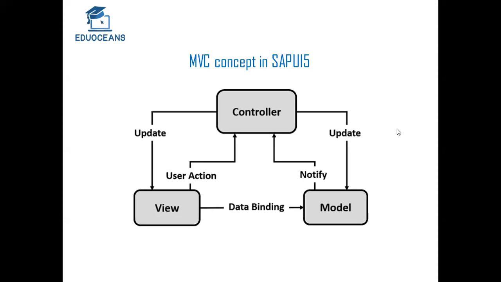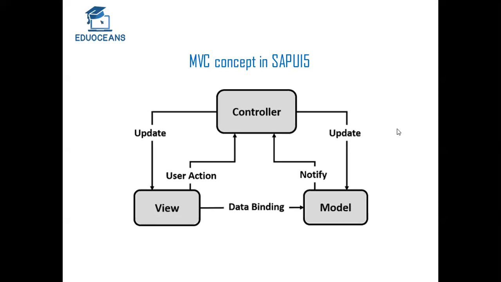These are built-in APIs provided by SAP UI5 for OData. So the model is for data manipulation, the view is for the design, and the controller is to control the model and view. Right, exactly.